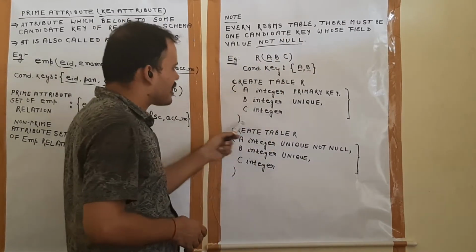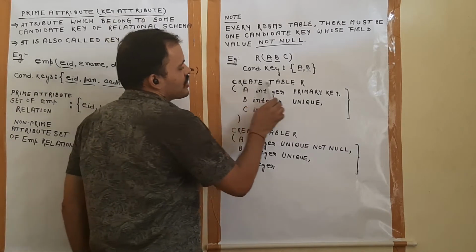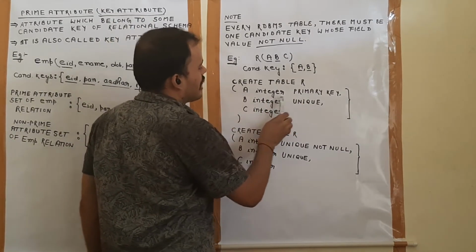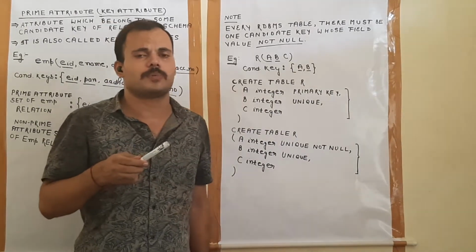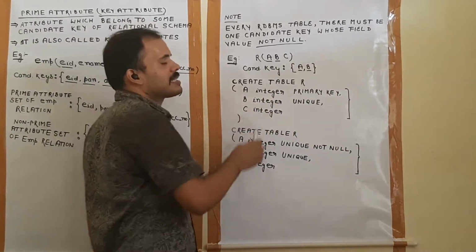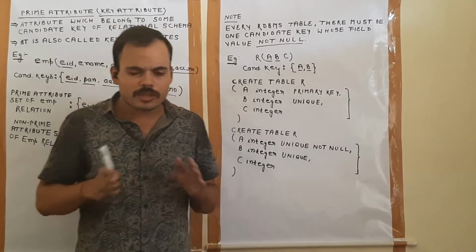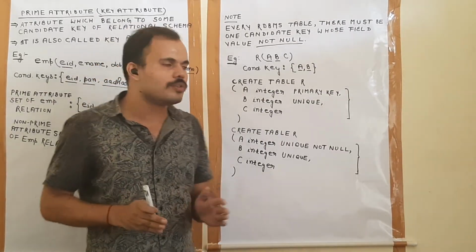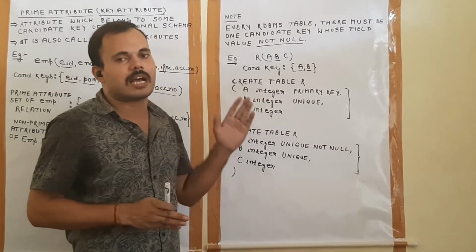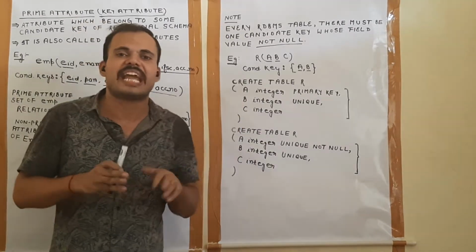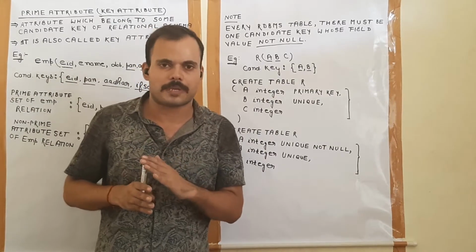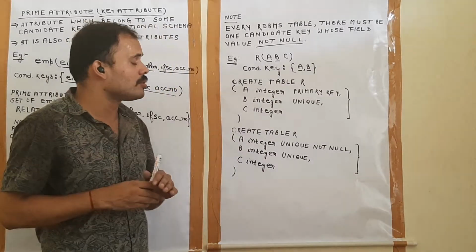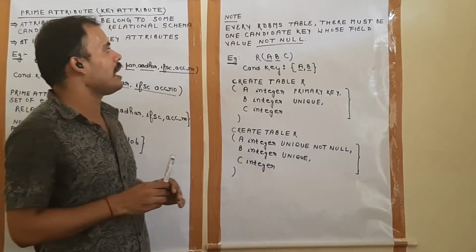In this table, see, create table, A integer, about data type and size of attribute, don't get confused in the data type and size of attributes, or if there is any syntax error. We will study about these in lab timings. Understood? We have to get the concept only here.